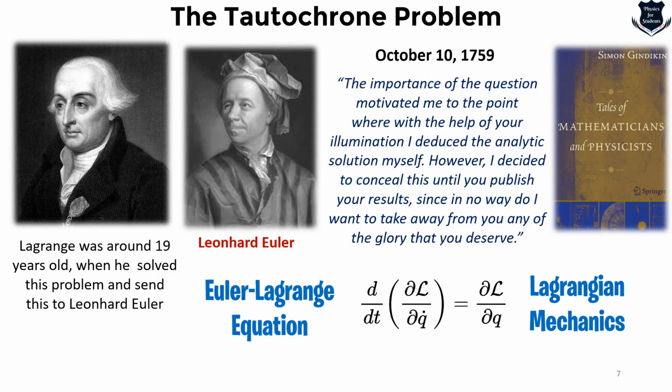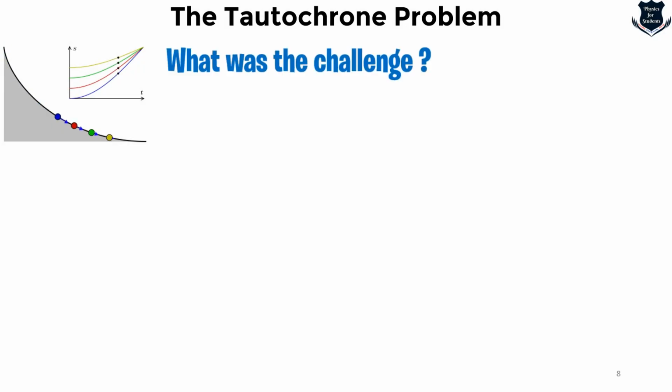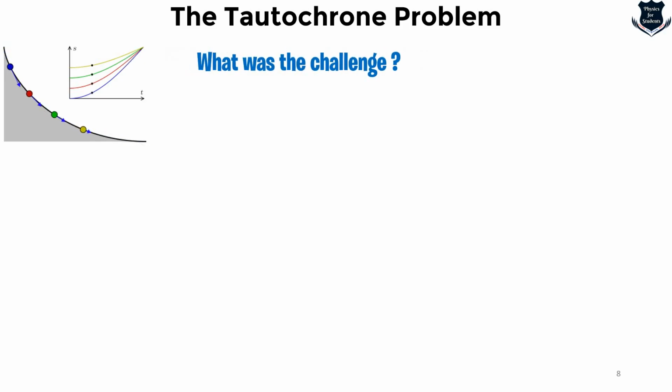Now, I am not going to show you a mathematical deduction of the tautochrone problem, but the basic idea is that unless you deal with the tautochrone problem, you won't understand how elegant and beautiful the Euler-Lagrange equation is. So first, let us understand what the challenge was.